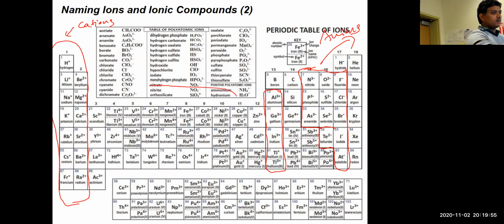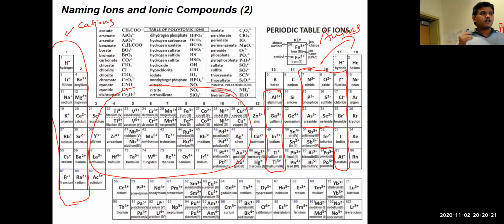And here I'm referring to the transition metals. Transition metals come up with more than one possible charge sometimes. See here, let me highlight a few of them. Iron and manganese.